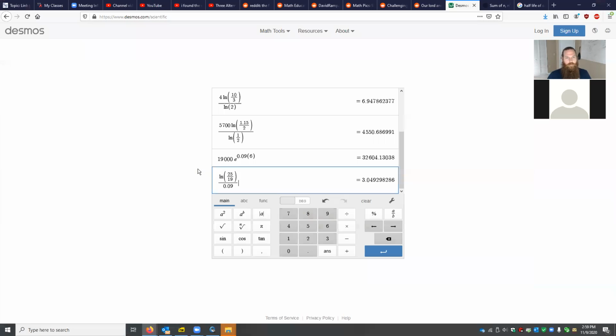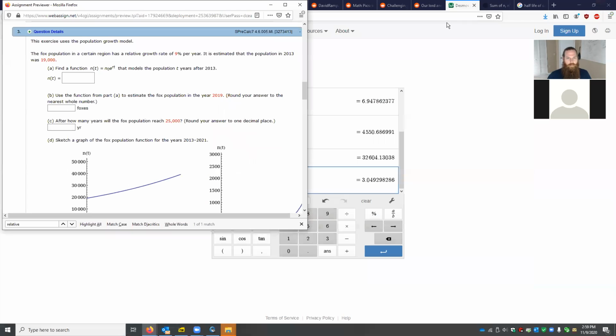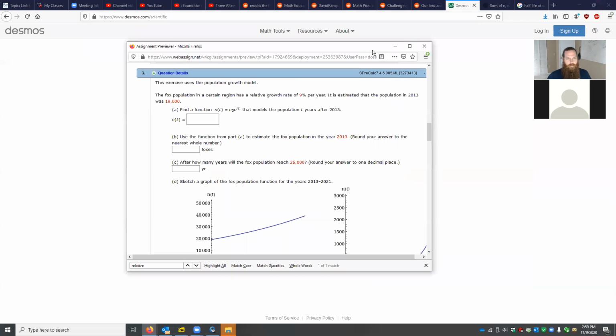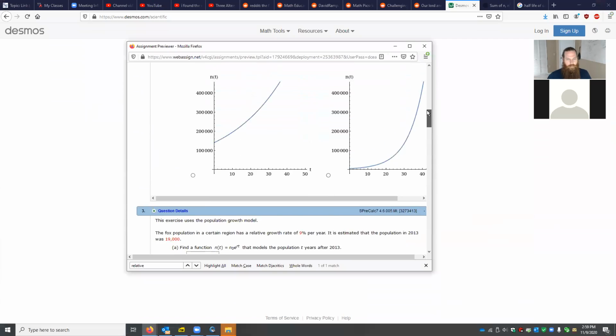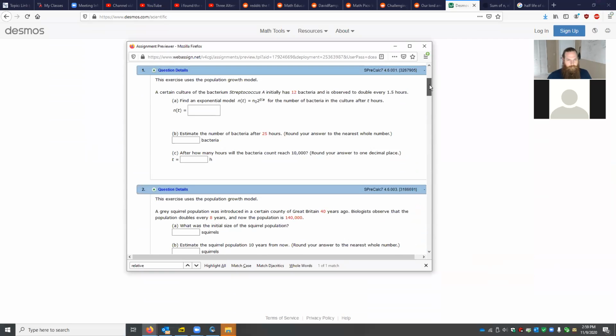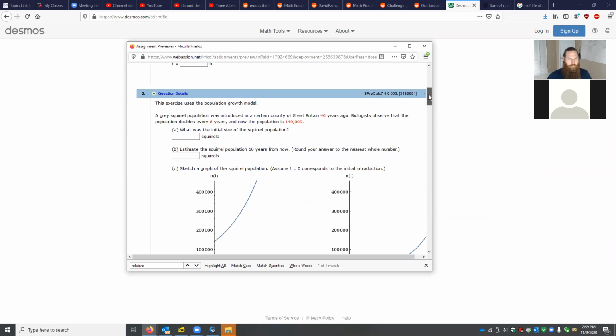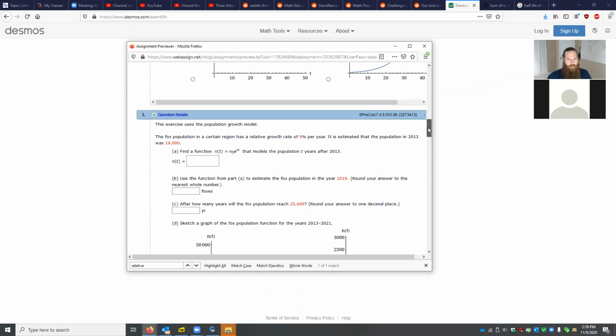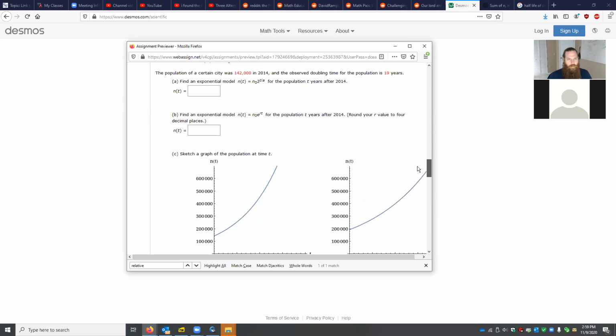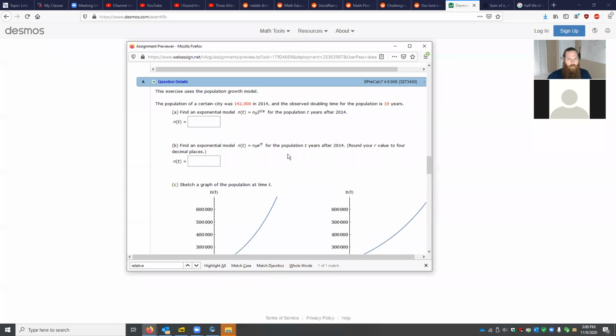All right, if not, then I just want to draw your attention to one or two more specific things within this homework set. There are one or two problems where you're asked to do something a little bit neat. Here you have a doubling time problem, and then they ask you to find a way of writing it like this.